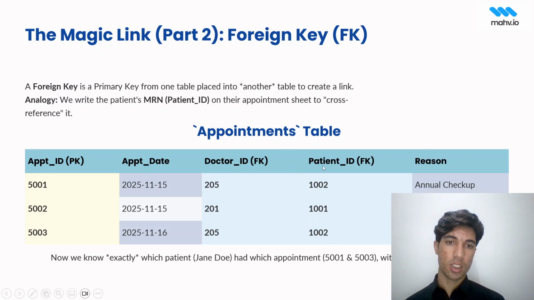One is the doctor ID and one is the patient ID, which are basically primary keys from the patient's table and the doctor's table, borrowed here so that we know which doctor the appointment is for and which patient the appointment is for. So now we don't have to write all the patient's data. We just write their primary ID here. The primary key here is a foreign key, and we know that the appointment is for that specific patient.